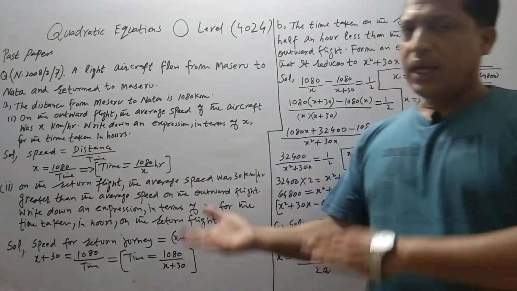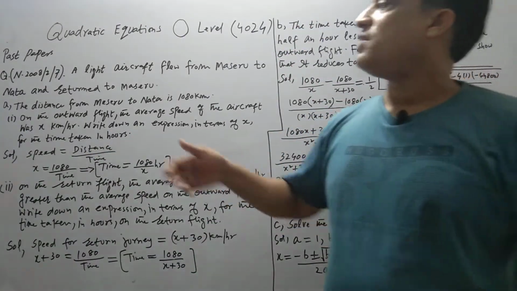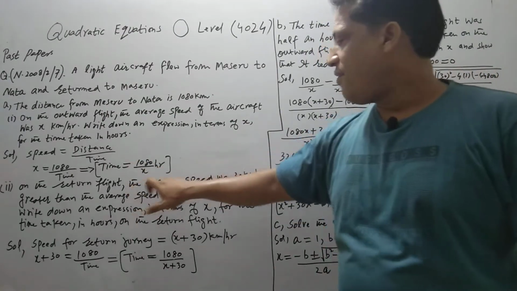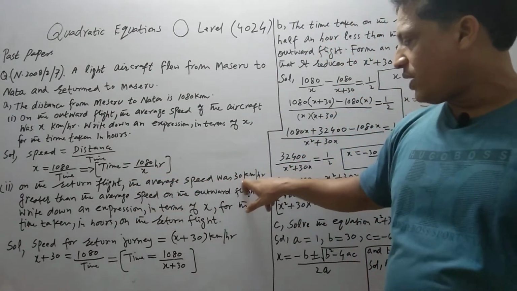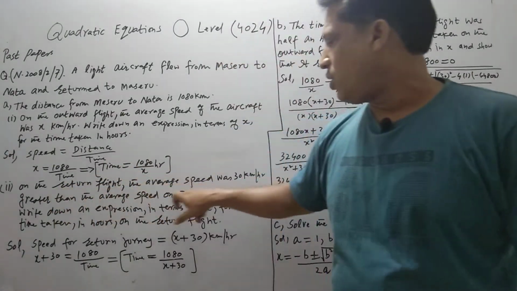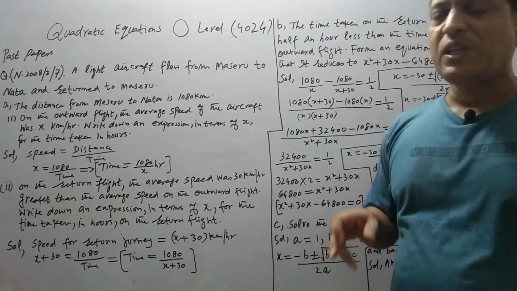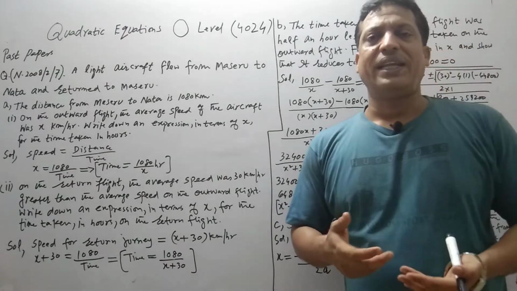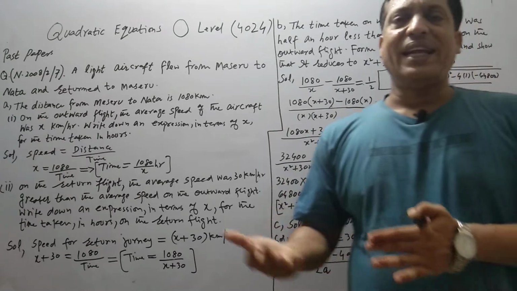Part 2. On the return flight, which means from Nata to Maseru, the average speed was 30 km per hour greater than the average speed on the outward flight. Speed can increase or decrease.